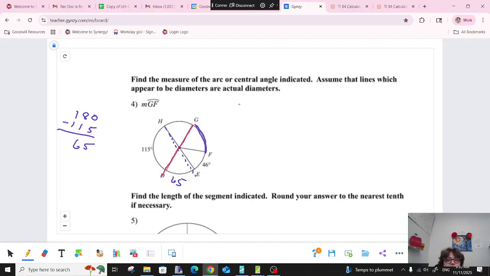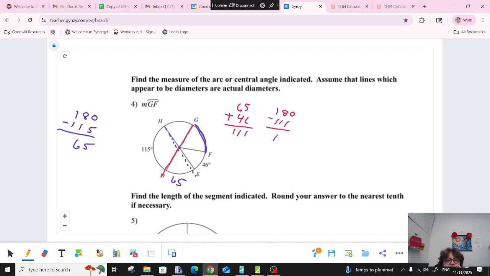So if I take 65 plus 46, which would be, what is that, 110? Oh, 111. I was looking at that before. Now just subtract it from 180.